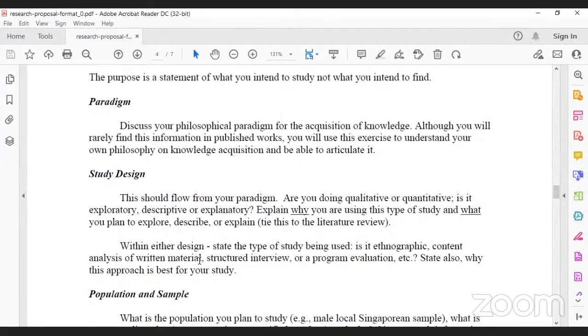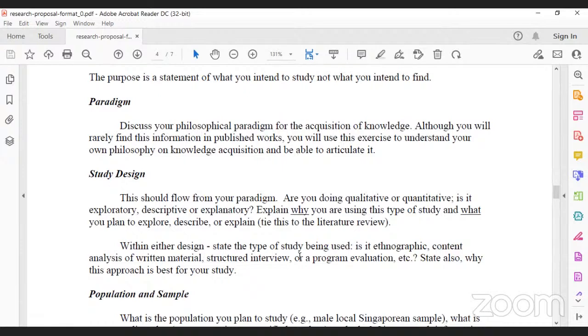Whether it is a within design, it is a between design, and what kind of study is being used. Is it an ethnographic study? It is content analysis of written material, it is a structured interview or a program evaluation, and why? So not just choosing this, you should be okay. If you are doing qualitative analysis, there are different types of qualitative analysis.